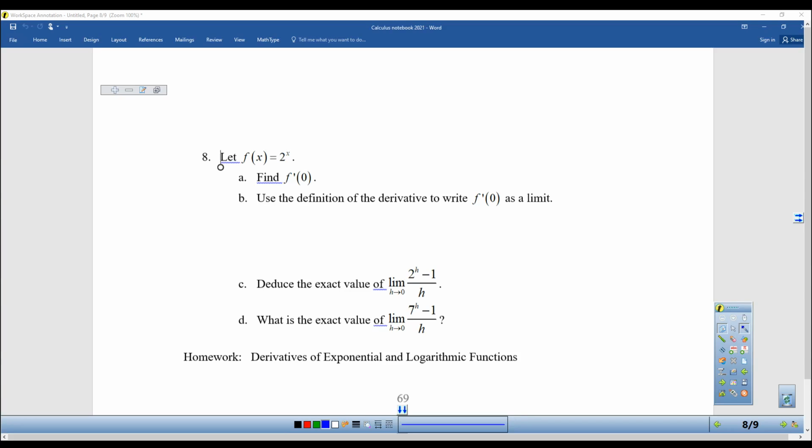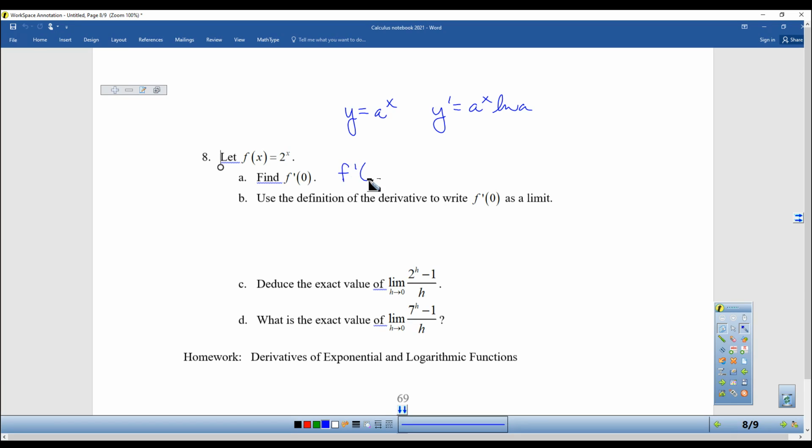Okay, last problem. So the question says let f of x be equal to 2 to the x, and it wants f prime at 0. So I know you've just learned this, so you don't have it memorized. If you have y is equal to a to the x, then the derivative is again a to the x, but you do have to multiply by the natural log of a, and if it was a u, then you'd also multiply by du.